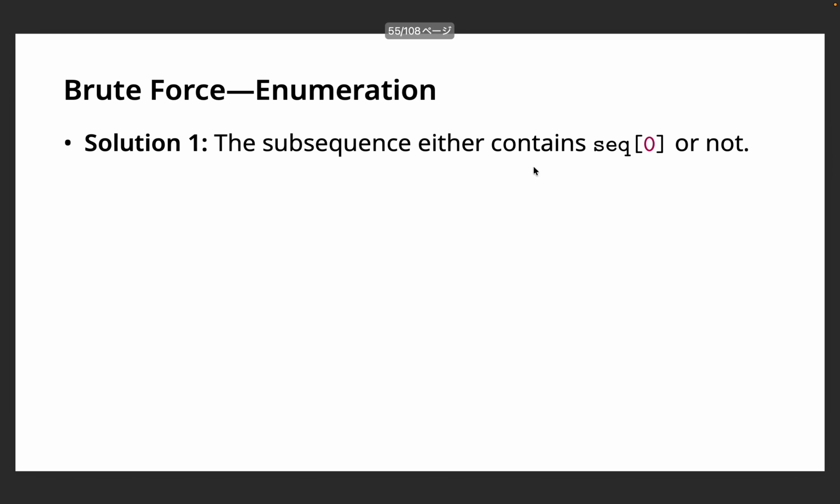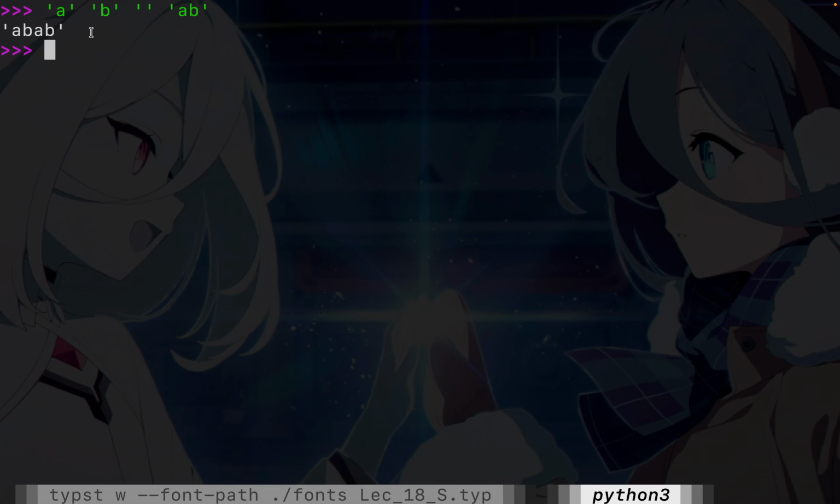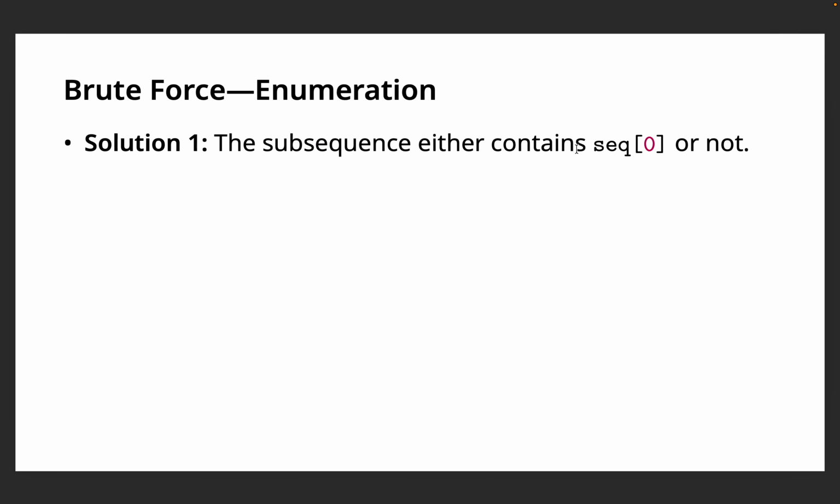If you notice, each of these subsequences either contains the first character of the string or doesn't. So we can group all of these into A and AB as well as B and the empty string. So that's what this statement is saying over here.